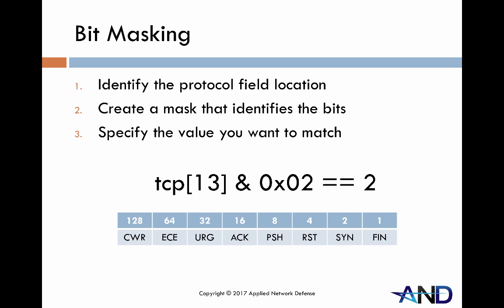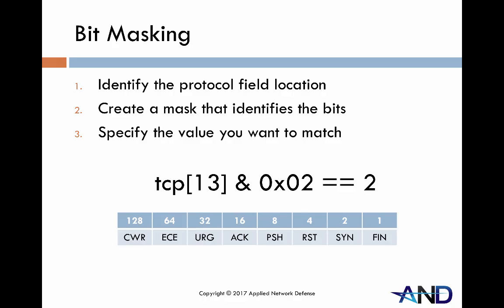And we're finally left with really just two components. We're left with the bit mask, which is identified by 0x02, and the value we want to match, which is just decimal 2. So 0x02 is our mask. And again, that matches in hexadecimal this byte, but only with a single value set. So we've bit masked this to where the SYN bit is the only one we're concerned about.